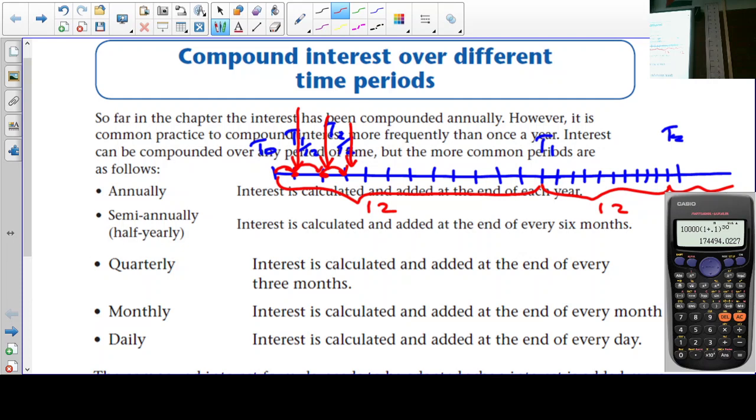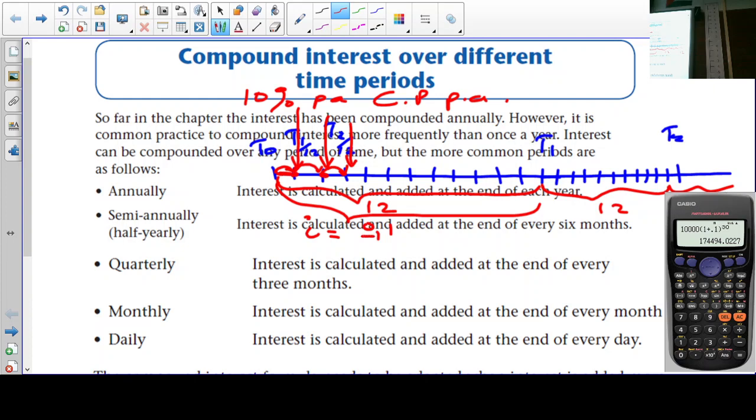However, the interest gets divided over that period. So if we tell you it's 10% per annum compounded monthly, that means it's going to be 10% over 12 months, so it's 0.1 over 12 for one part here.